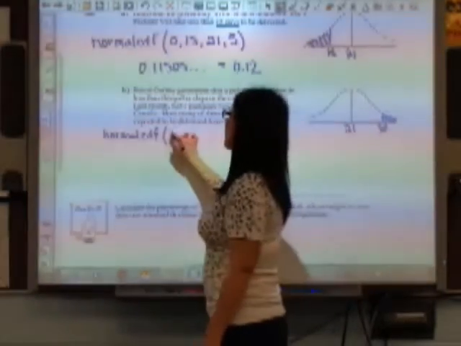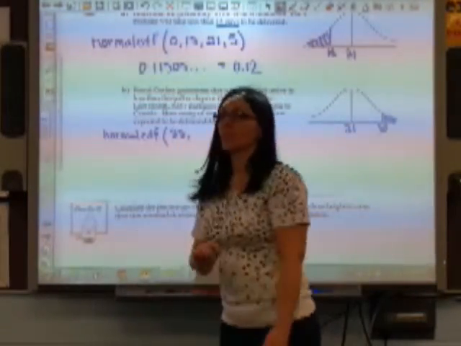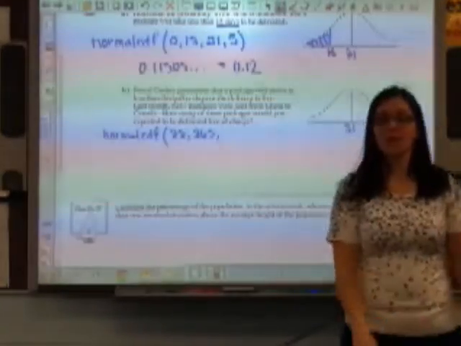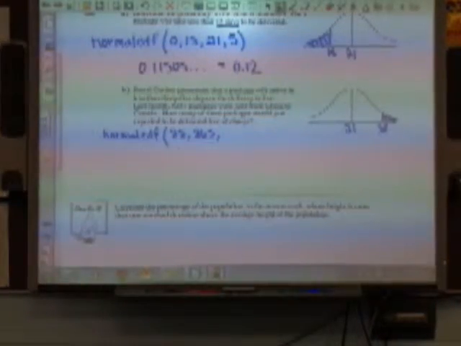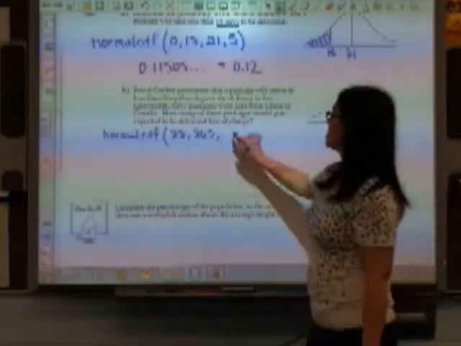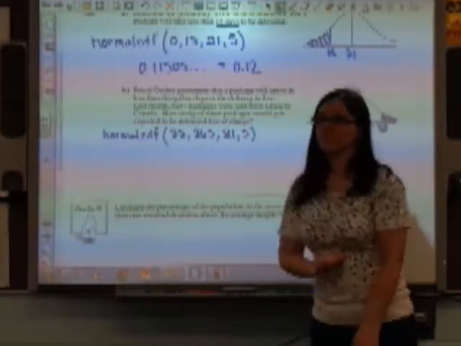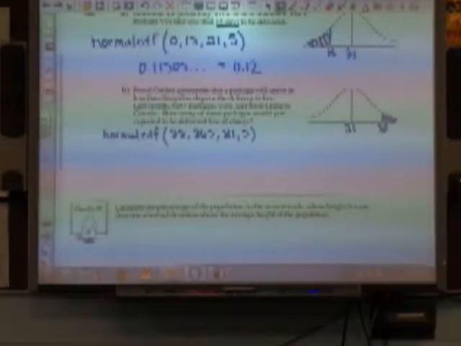What's my upper boundary? 365 would be a good one. If it takes more than a year, it's probably lost. My mean and my standard deviation. It's still 5. So that's what I put into the calculator, and I want you to tell me what you get.